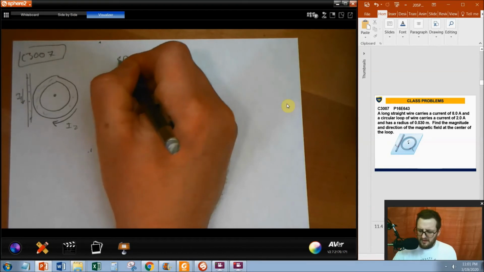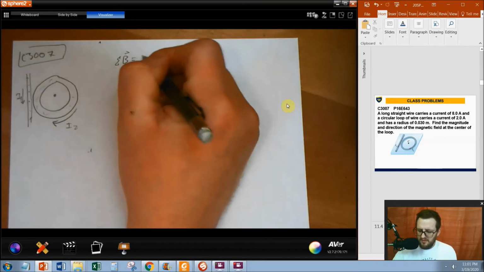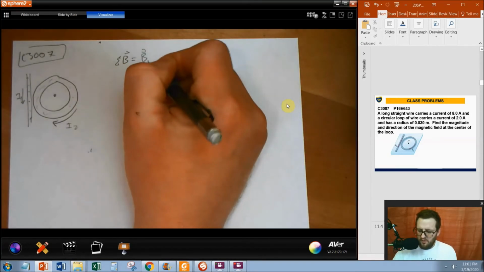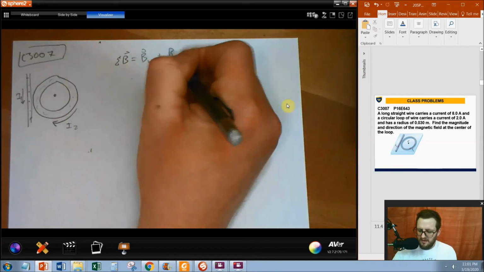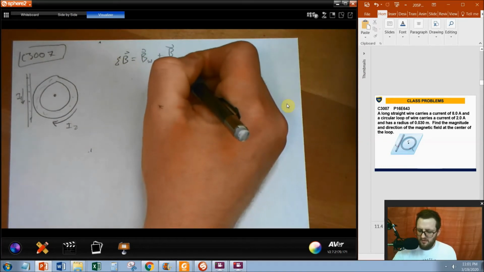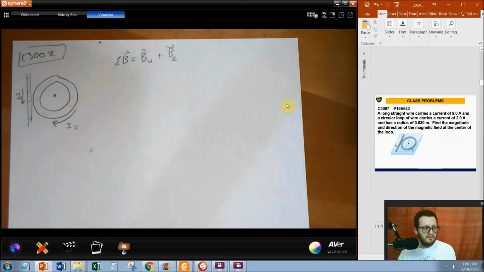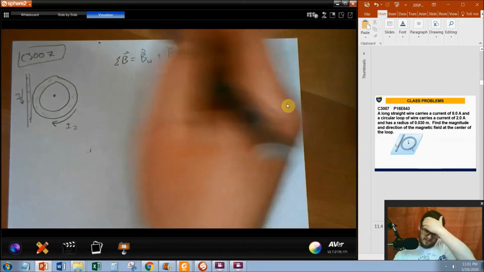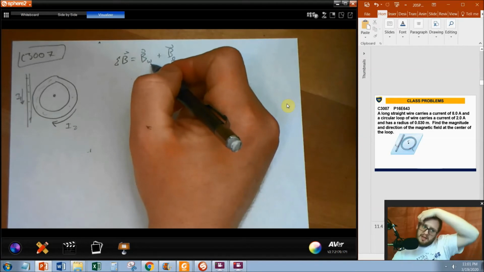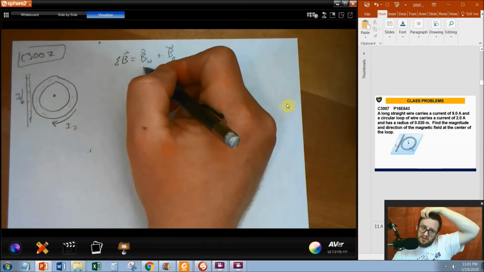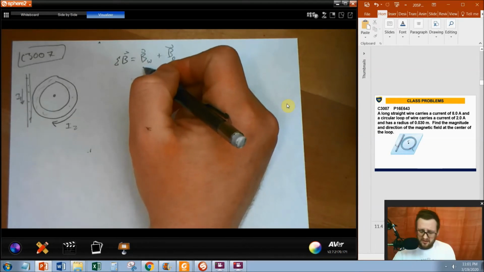So the total magnetic field is just going to be the magnetic field from the wire plus the magnetic field of the loop. So let's find individually what each one of these values are, and then we can add them together and get the total field.